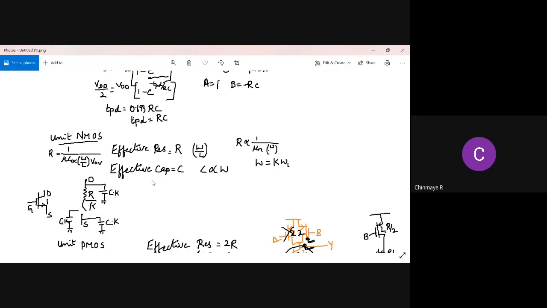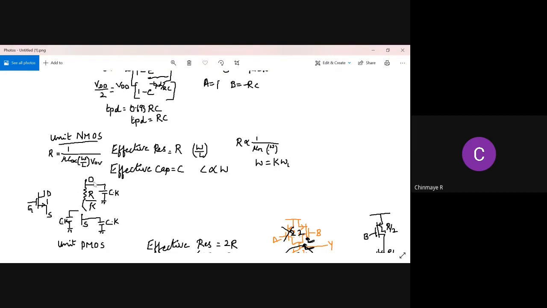Similarly, we have diffusion capacitors at drain, gate, and source, right? So we do not want to calculate each and every capacitance. So we conveniently represent it as some effective capacitance C, where C here is nothing but all the capacitors at the gate, all the capacitors at the source, and all the capacitors at the drain.